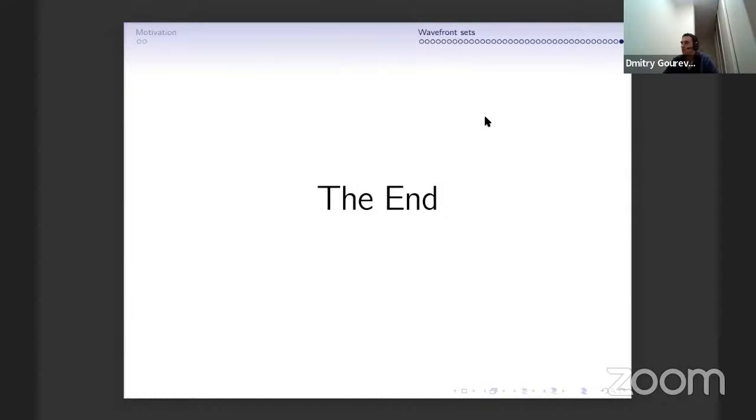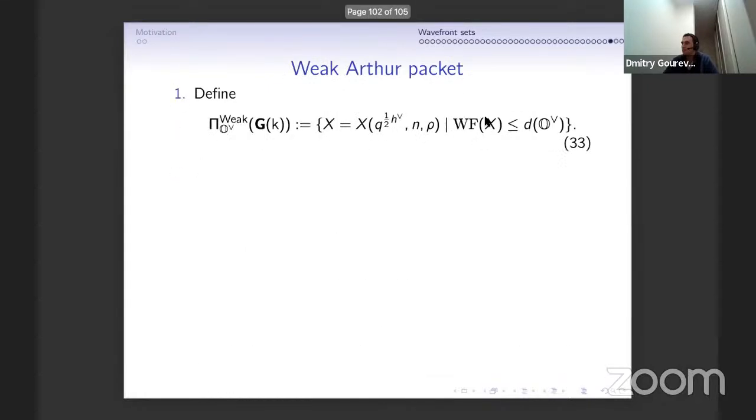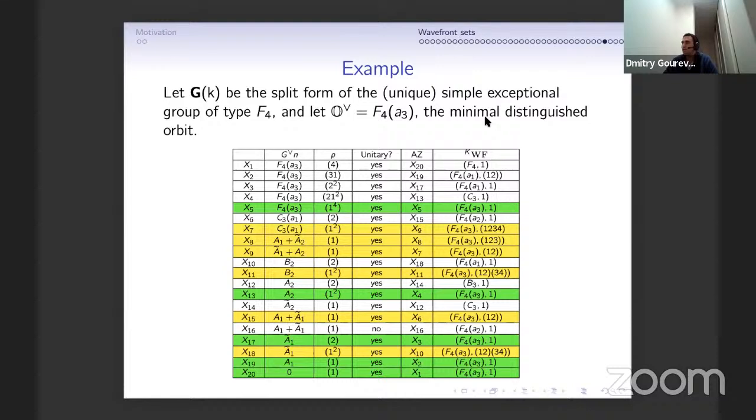I have a question about the example. Just from looking at the dual, I see that all the highlighted representations are numbered, their duals are numbered from 1 to 11, consecutive numbers. Is it just the way you numbered them, or is there a reason for that?